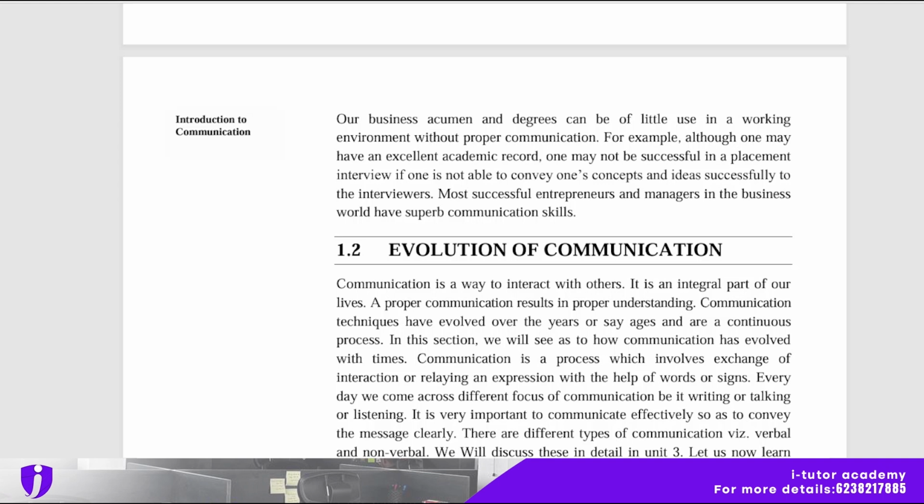For example, although one may have an excellent academic record, one may not be successful in a placement interview if one is not able to convey one's concepts and ideas successfully to interviewers. Most successful entrepreneurs and managers in the world have superb communication skills. So communication skill is very important, not only in the business area but everywhere.